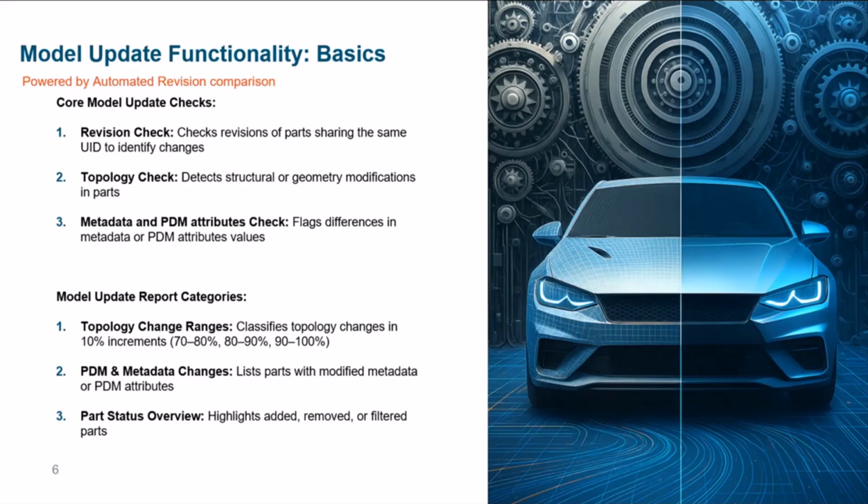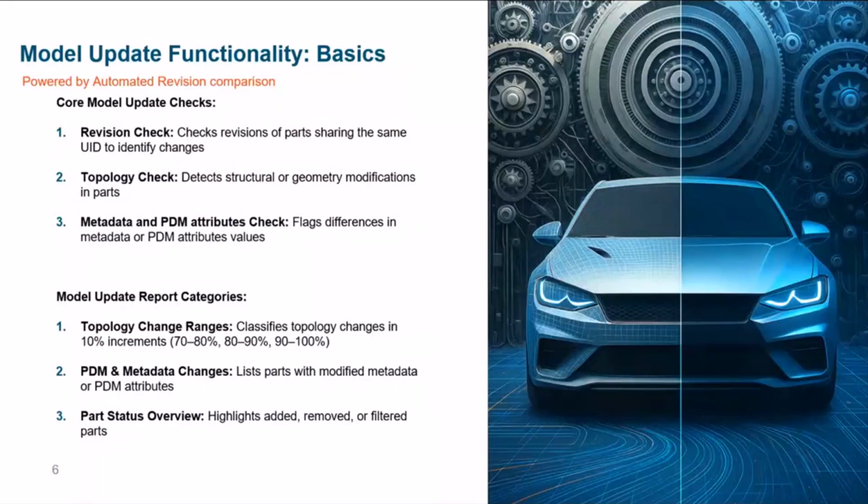And we also categorize them in separate groups. We have many categories, so the user can easily detect the changes. For topology changes, we classify in 10% increments, so the user can easily see the parts that changed and by what percentage.